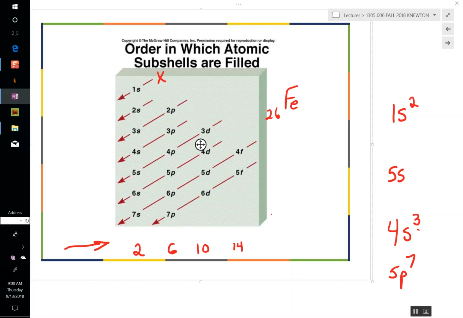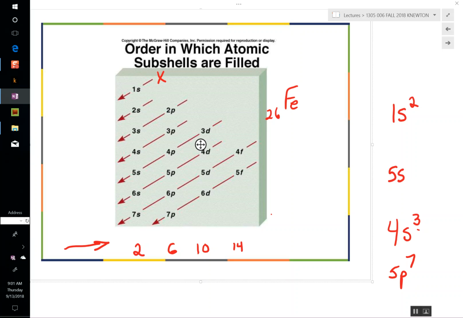What else? Oh, here's the other thing I wanted to say. So I'm going to erase a bunch of stuff here and just leave these ions. And I want to show you something. I'm going to leave that ion. Leave that one. Leave that one. Leave that one.